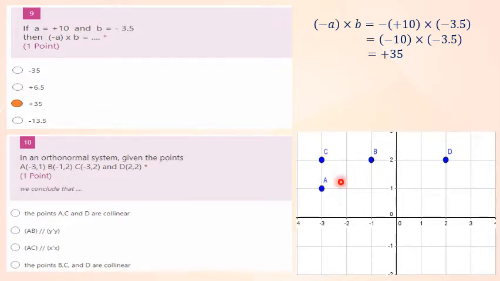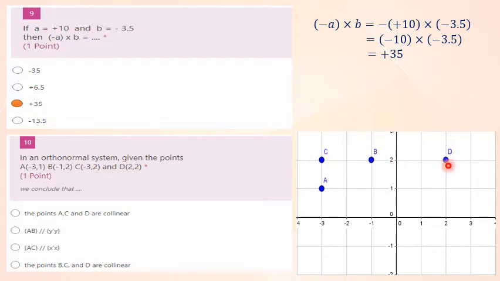AB cannot be parallel to Y prime Y. If I elongate AB as a line, it will intersect with Y prime Y. So this one is also wrong. AC is parallel to X prime X. If I draw line AC and elongate it, it will be perpendicular to X prime X. It's not correct.